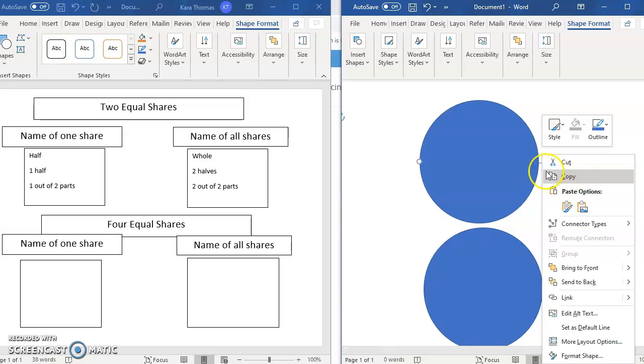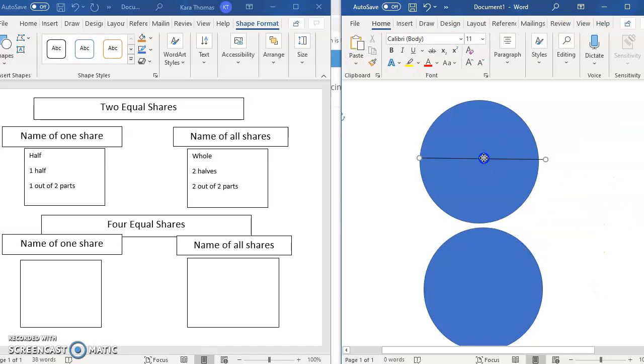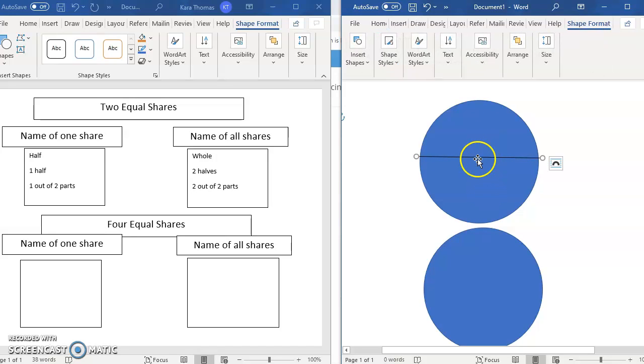As long as the shares are equal, there you go. See how I divided it horizontally this time? As long as the shares are equal, it is the same. So if I took one piece of the whole here, you would still have a half, 1/2, or 1 out of 2 parts. It doesn't matter which way your line is dividing.